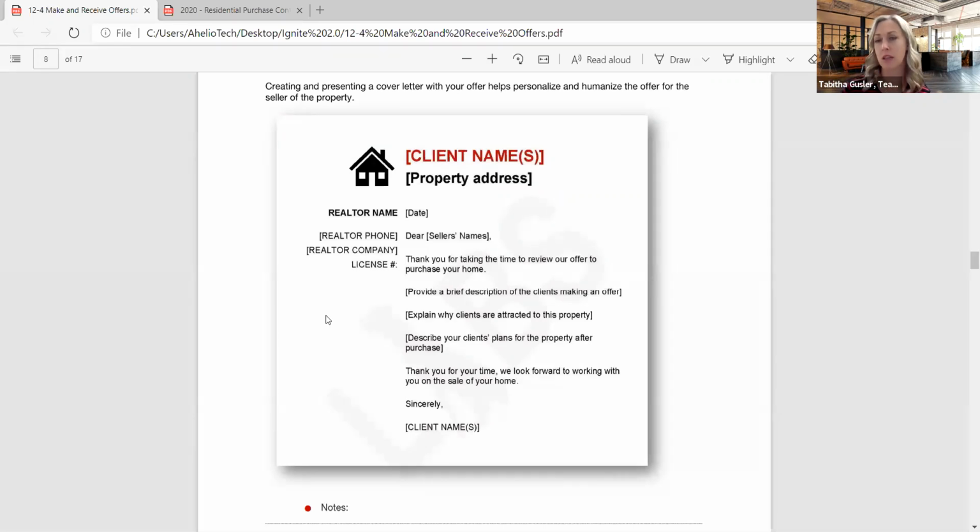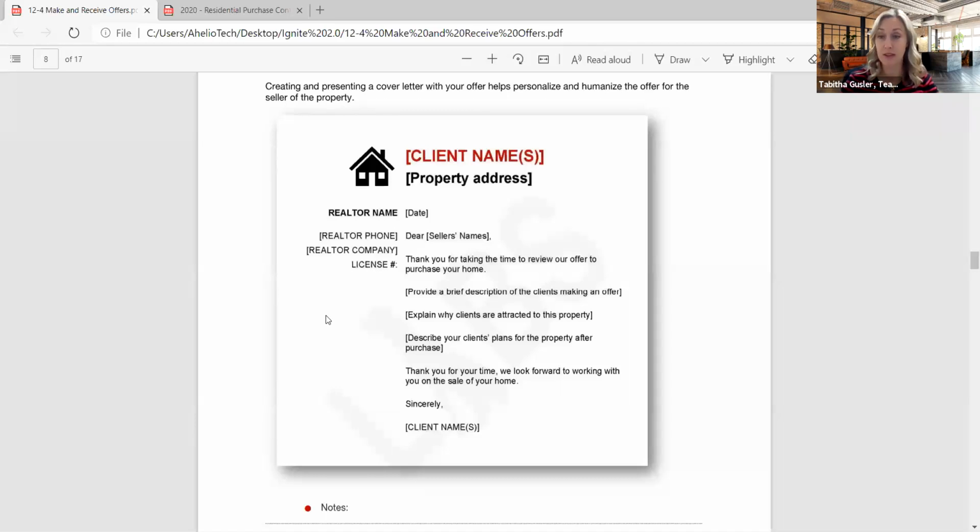What we're seeing in the current marketplace is I do like to let the contract and the offer speak for itself. I'm already sending the details of the terms by sending the contract, so I don't need to also summarize those terms on a cover letter when it's right there on the next page, right? Does that make sense? The letters that people are using right now are playing the emotional card.